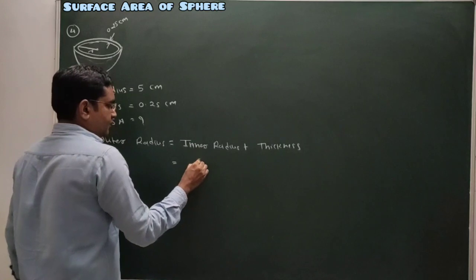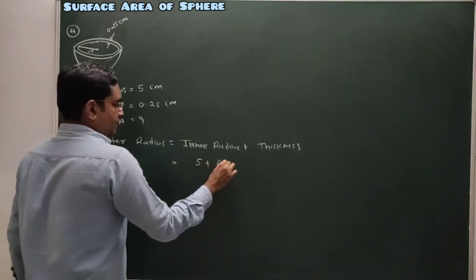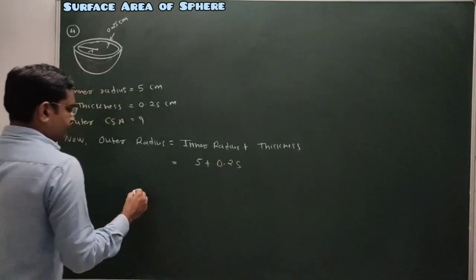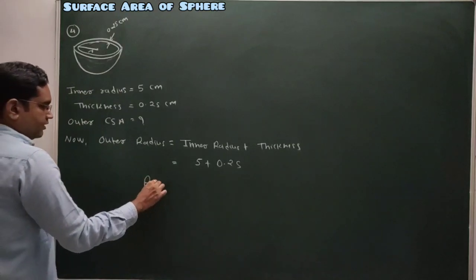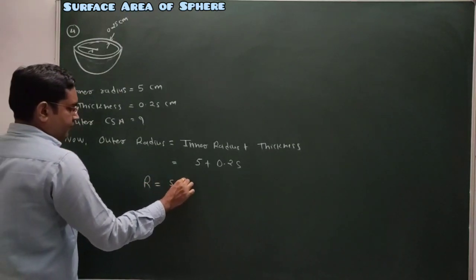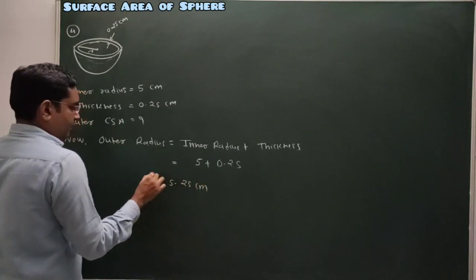The inner radius is 5 centimeter and the thickness is 0.25 centimeter. So the outer radius is 5.25 centimeter.